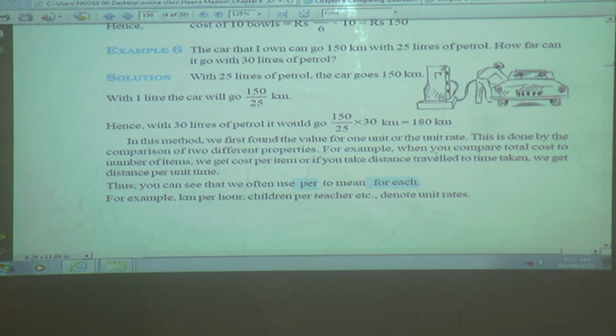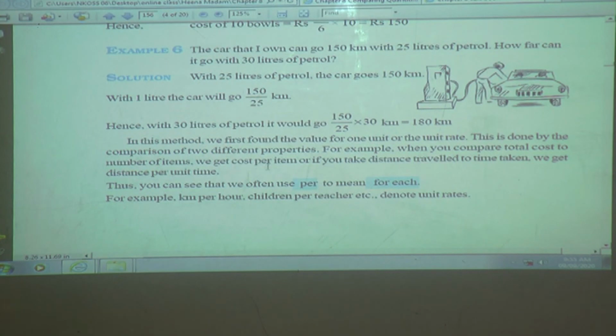For example, when you compare the total cost of a number of items, we get the cost per item. What we had done in the previous sum, that of the bowls: 6 bowls cost 90 rupees. First we tried to find out the cost of 1 bowl. So here we have again done the unitary method.